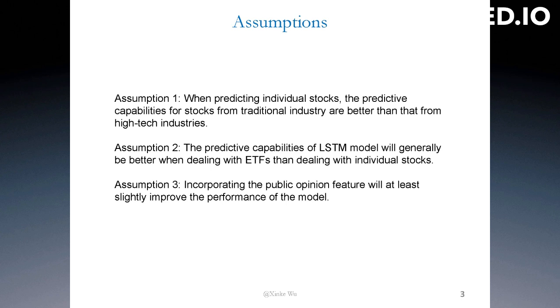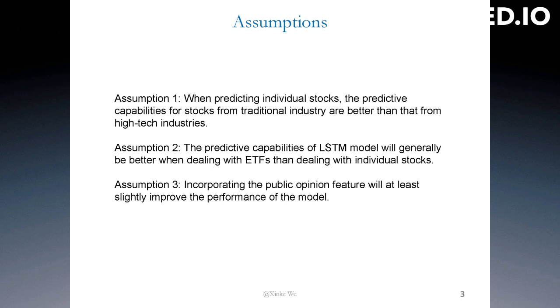And the second assumption is that the predictive capabilities of the LSTM model will generally be better when dealing with ETFs than when dealing with individual stocks. For those who don't know, an ETF is kind of like a mutual fund, which has a few or even dozens of individual stocks inside the portfolio, or even some indexes.